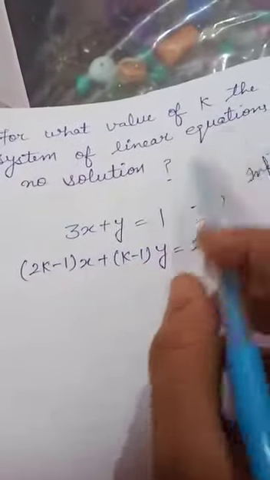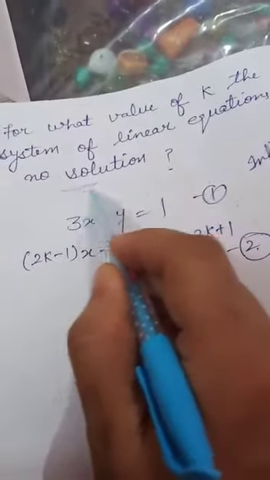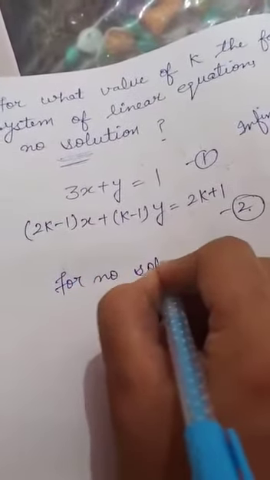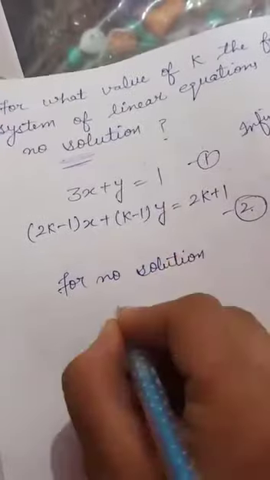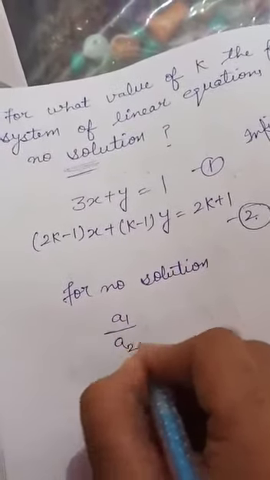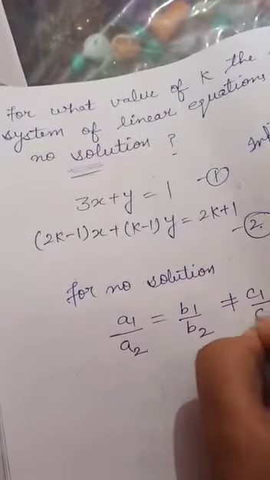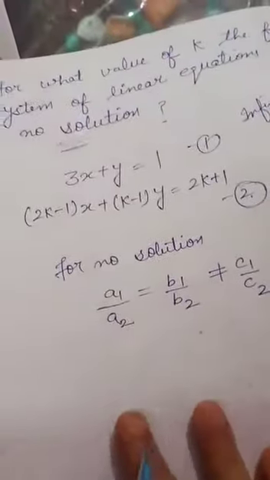Which type of solution have we been given? No solution. So for no solution, what is the condition? Yes, you can tell: a1 upon a2 is equal to b1 upon b2 is not equal to c1 upon c2.